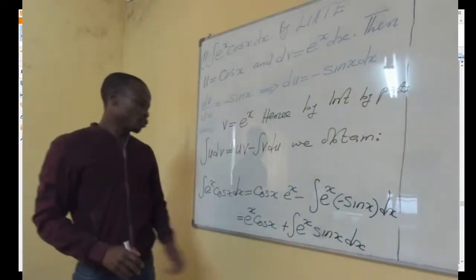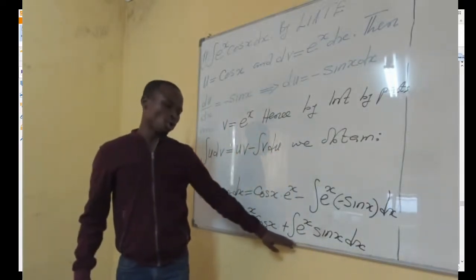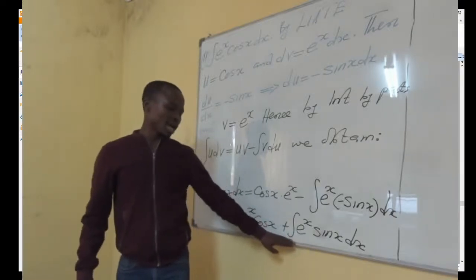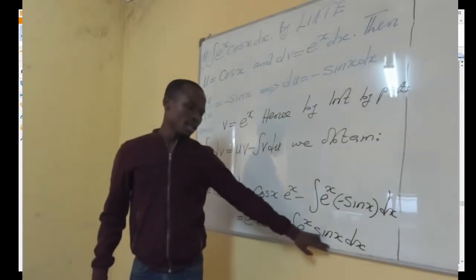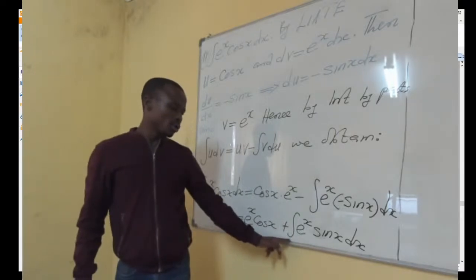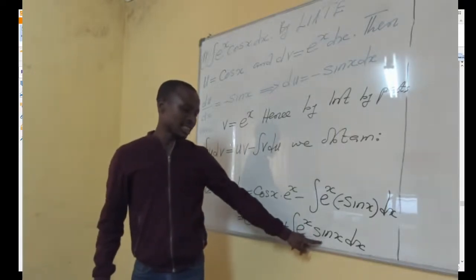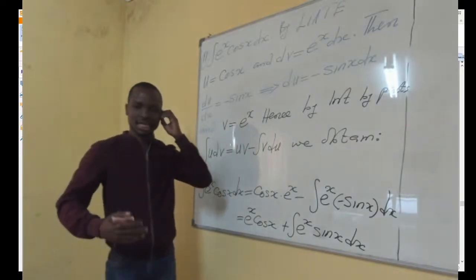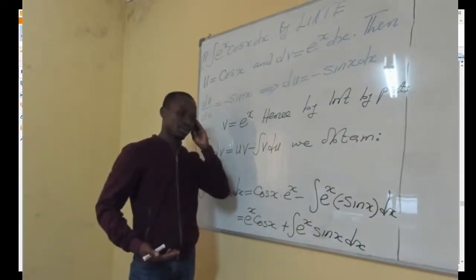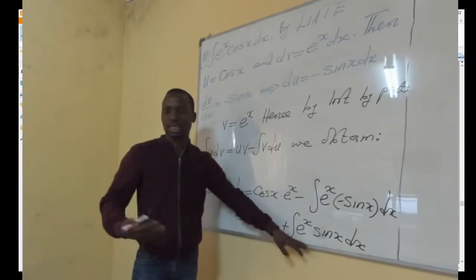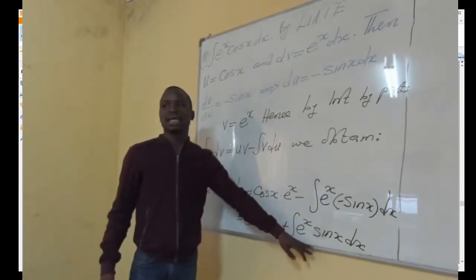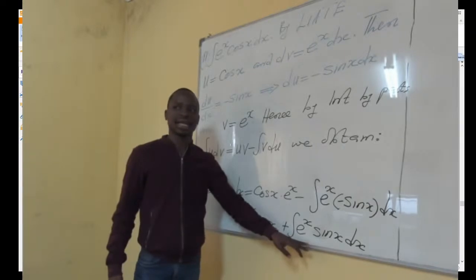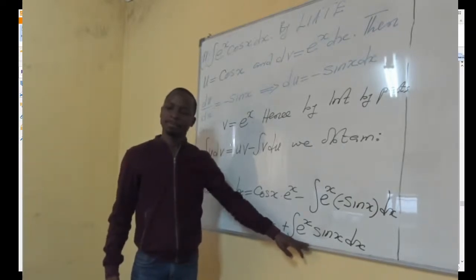Again, on the right hand side we have an integral of e to the power x sine x dx, which we cannot simply evaluate there and then. Instead, we have to apply integration by parts again.